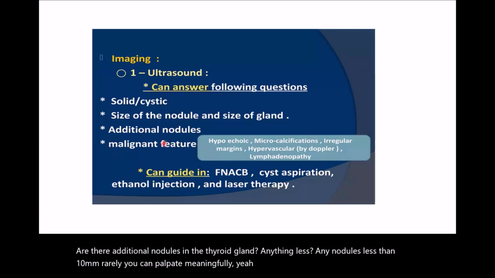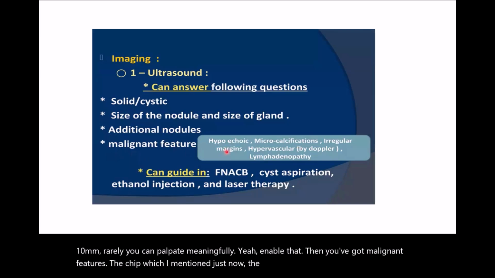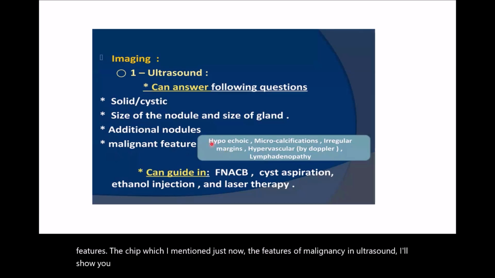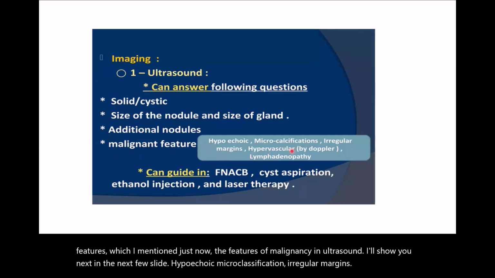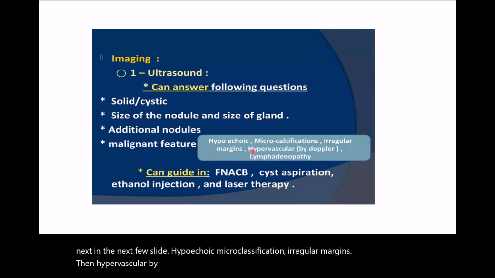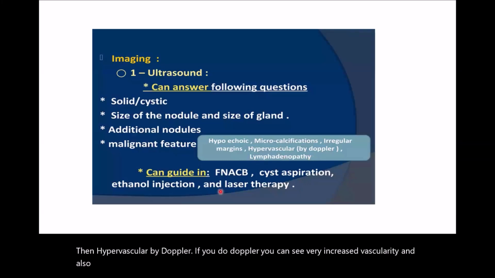Then you've got malignant features, which I mentioned just now, the features of malignancy in ultrasound. I'll show you in the next few slides: hypoechoic, microcalcification, irregular margins, then hypervascular by Doppler. If you do Doppler, you can see very increased vascularity and also lymphadenopathy in the neck.